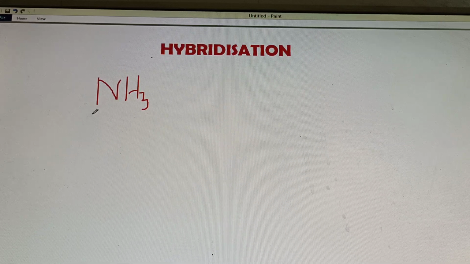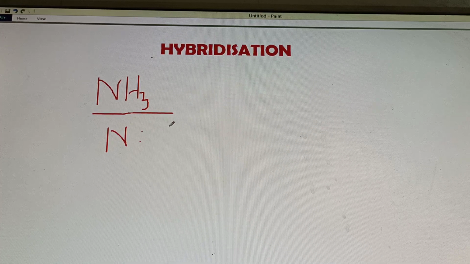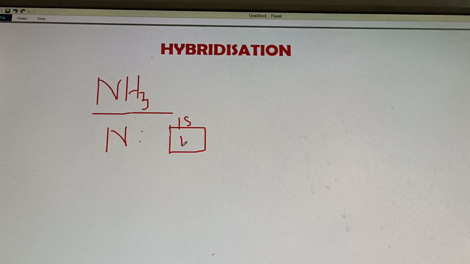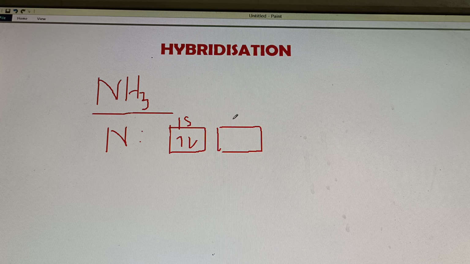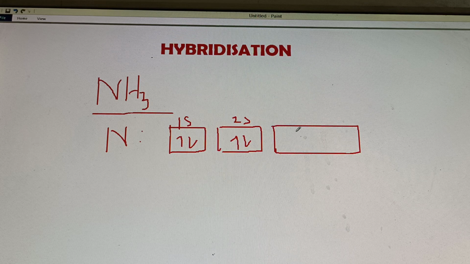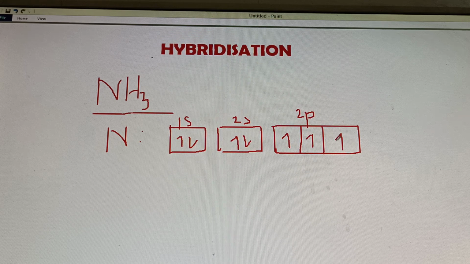The nitrogen electronic configuration is 1s2 2s2 2p3. Clear?